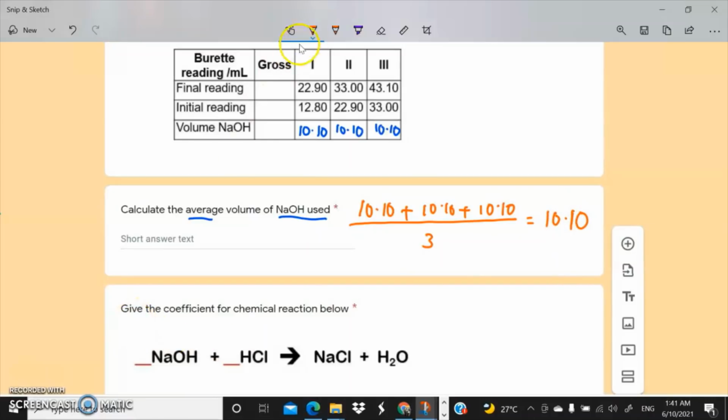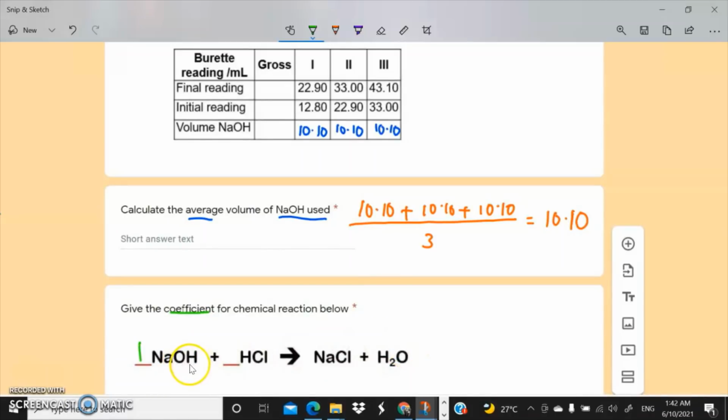Okay, the following question. Give the coefficient for the chemical equation below. So here our reactants are NaOH and HCl, which will produce NaCl and water. So now let us balance this equation. Na will be 1 here because here got 1. O here got 1.